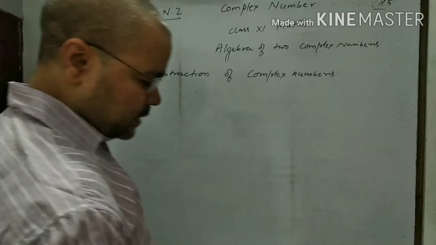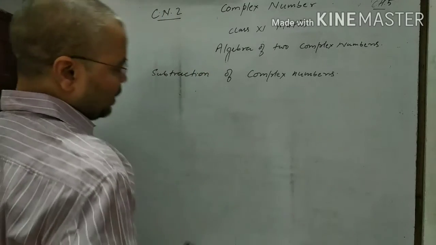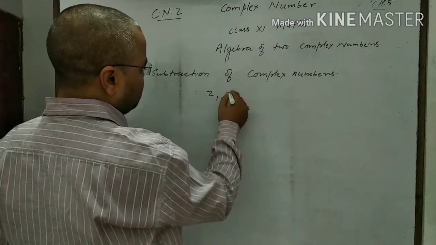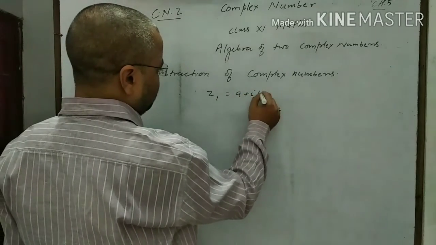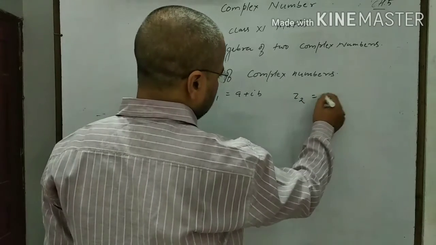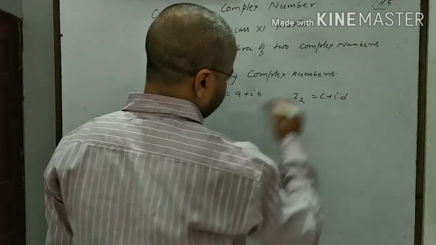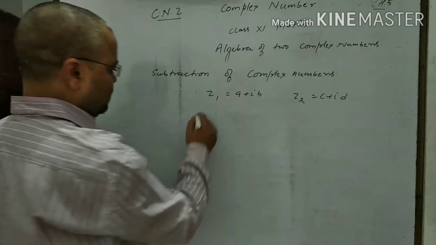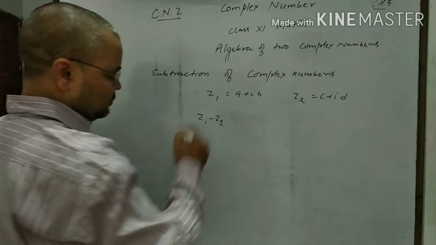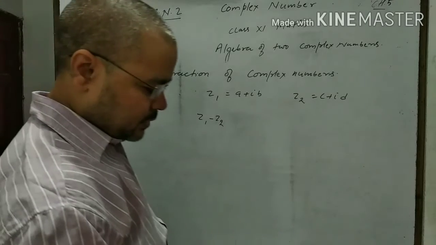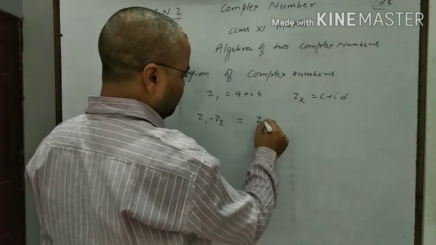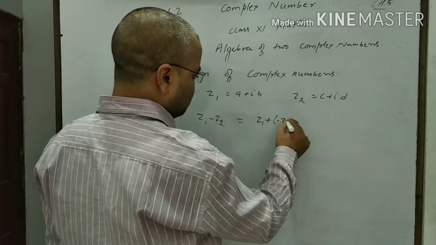If we have two complex numbers, the first one is Z1 equal to a plus ib, and the second one is Z2 equal to c plus id. Then Z1 minus Z2 can be written as Z1 plus minus of Z2.